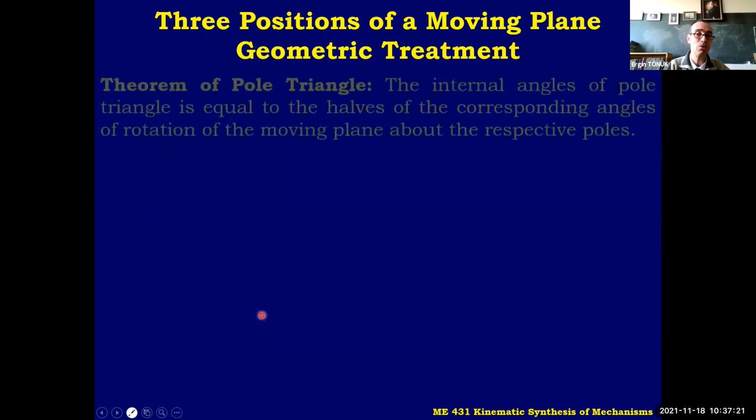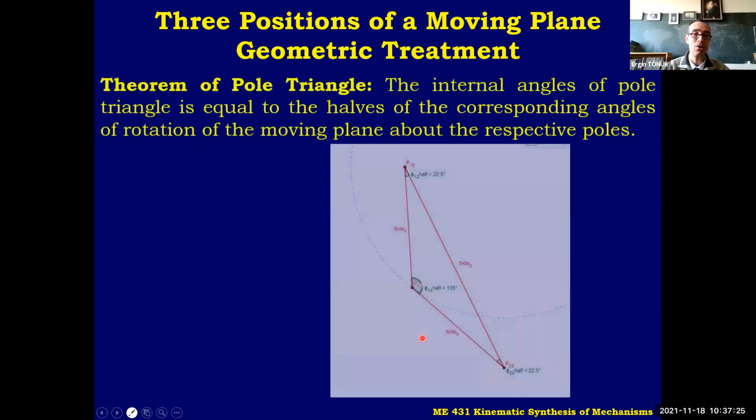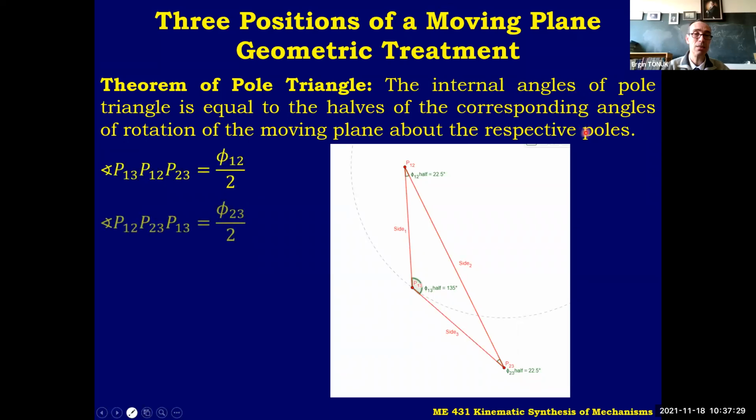I'm zooming to this. So this is the first thing. The internal angles of the pole triangle are halves of the angles of rotation of the plane, which might be useful information for us.